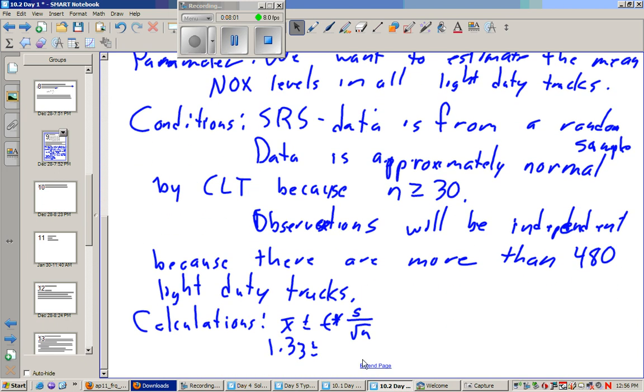So we come down here, 1.33 plus or minus 2.021. Now my standard deviation is the s of x, so that's going to be 0.484. Divide that by the square root of n, so that's the square root of 48.